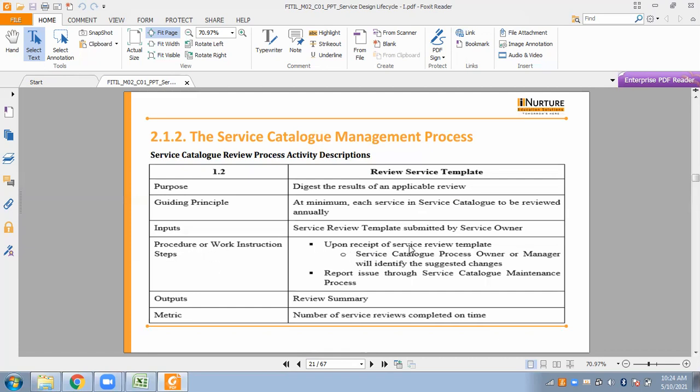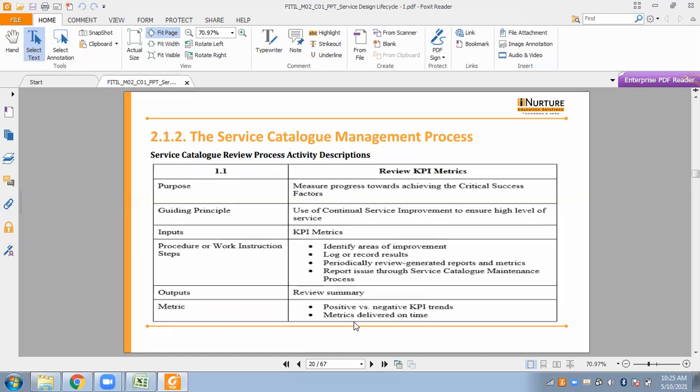Procedure: upon receipt of the service review template, the service catalog process owner or manager will identify the suggested changes and report issues through the service catalog maintenance process. Output will be the review summary again. Metric: number of service reviews completed on time. Metric means the factors on which this will be calculated.